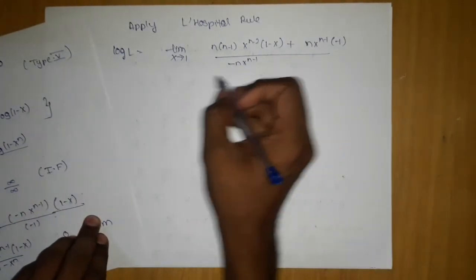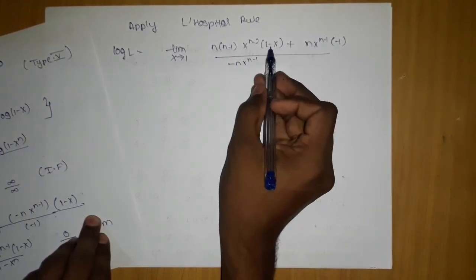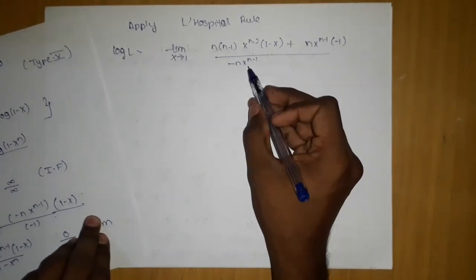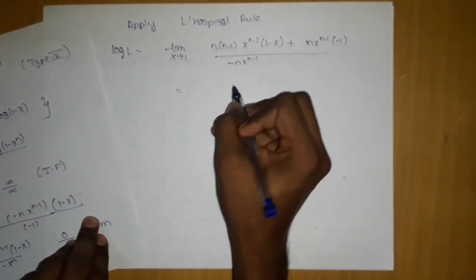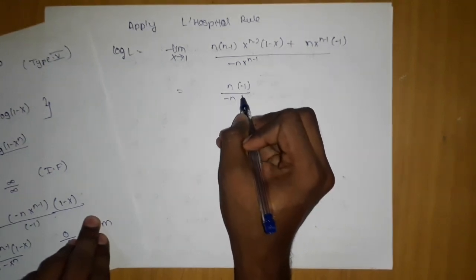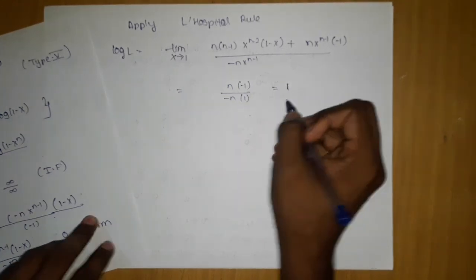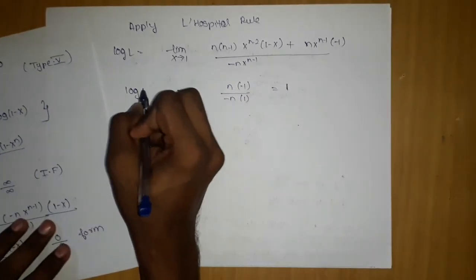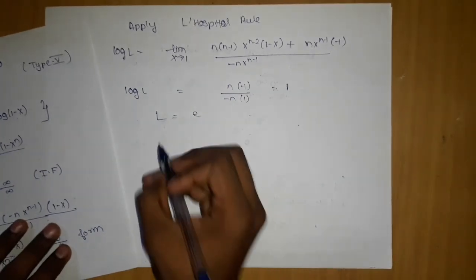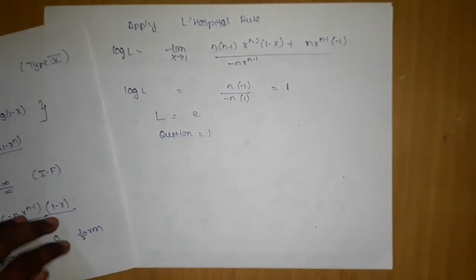If you substitute the value 1, this will become 0, the entire thing will be gone, this will become 1, and this will be 1. So we are left with finally n into minus 1 minus n into 1. This will cancel out, minus minus, we are left with 1, which is log L. So my final answer will be e. Now you have to write the question and mention it is equal to e. You will get the complete marks.